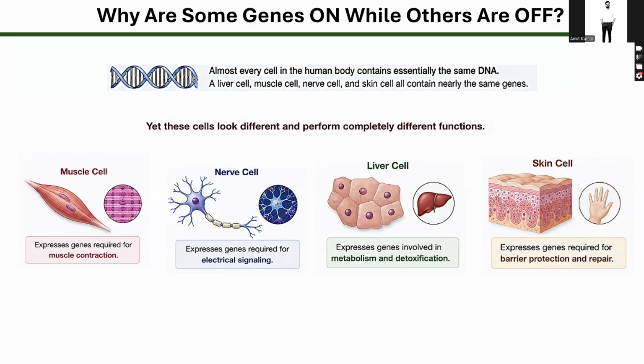Next, coming to the liver cell, let's say in metabolism or detoxification. The cell's DNA will express the kind of genes that are required for metabolism or detoxification. Now that gene will get transcribed into mRNA, and the ribosome will read that mRNA sequence.